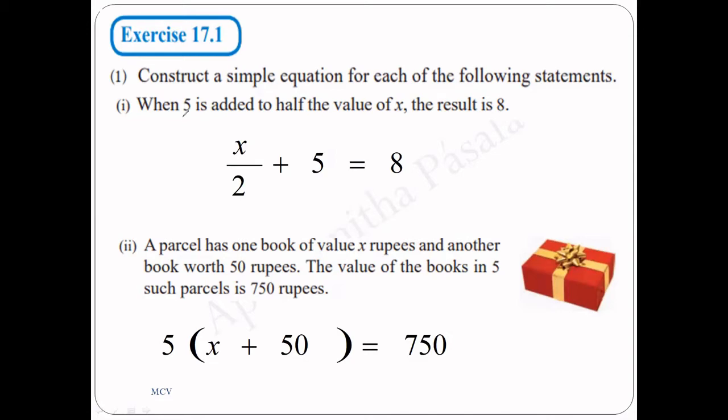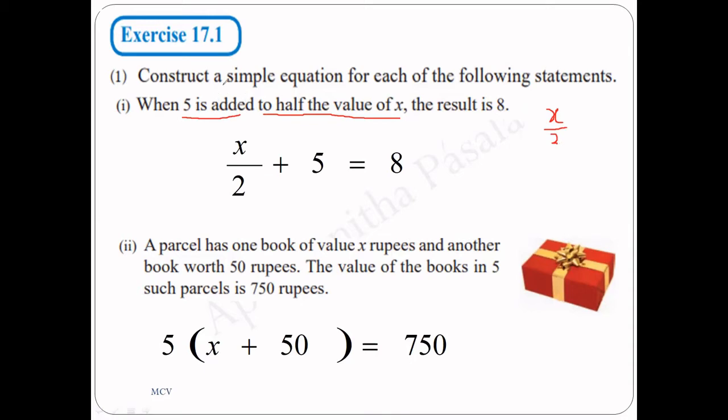When 5 is added to half the value of x. How to get half of x? Half of x means x should be divided by 2. Half the value of x, that means x over 2.